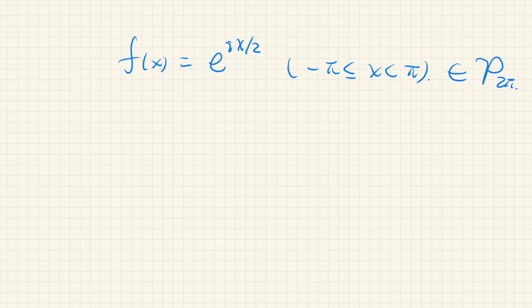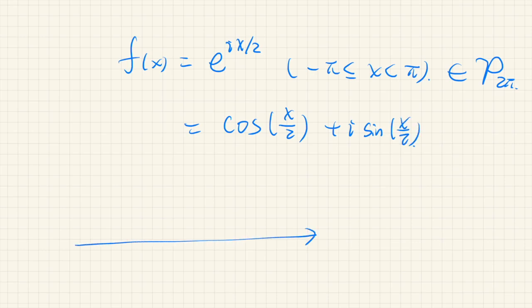Okay, and so this looks like this. So if you consider the real part, that is cosine of x over 2, and the imaginary part is sine x over 2. So if you plot x versus this function, the real part is this one, cosine.